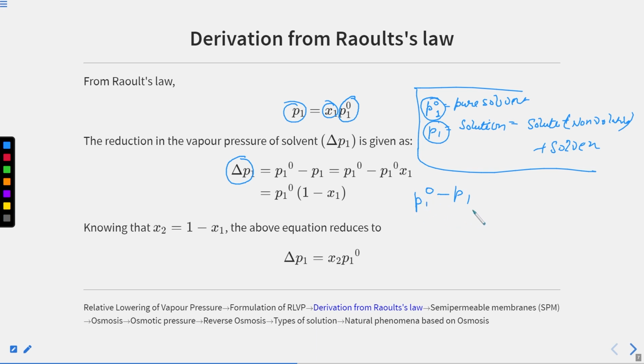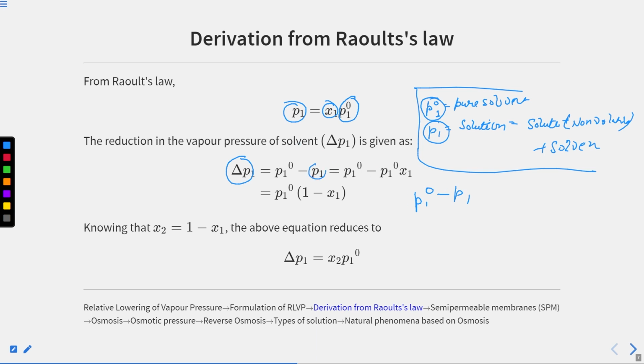So it will be P1 naught minus P1, initial minus final. Do not get confused why it is not final minus initial. Since we are calculating a colligative property, we always want a positive value, so if it is possible to find the magnitude without altering the sign, we will do so.